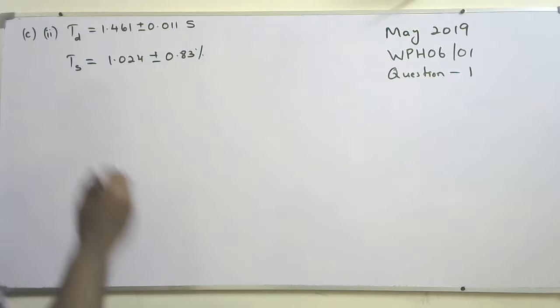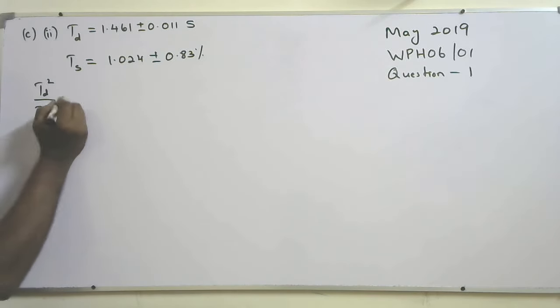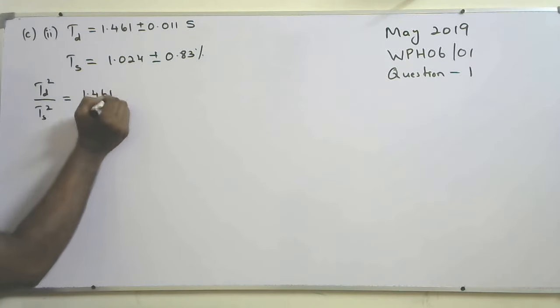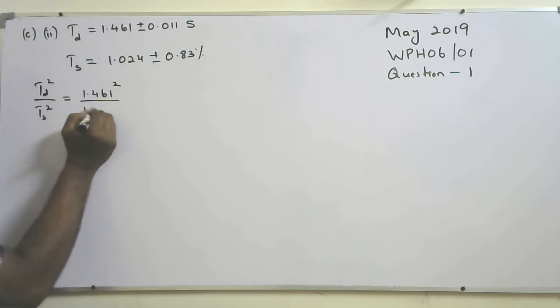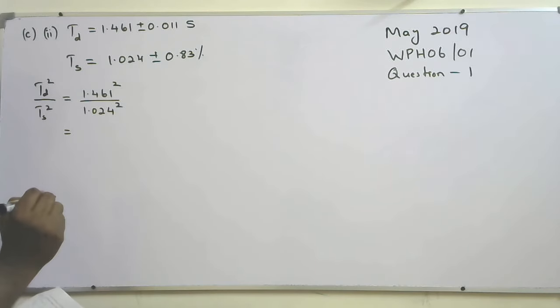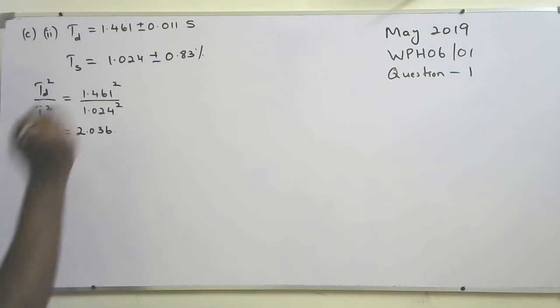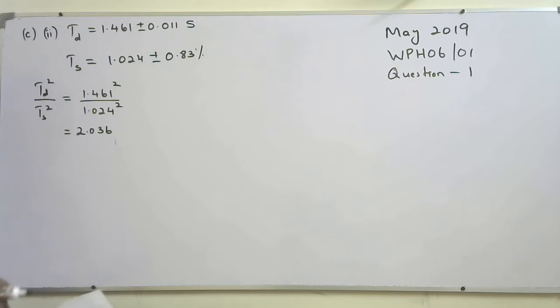Okay, we'll find here also Td squared over Ts squared will be equal to 1.461 squared over 1.024 squared. You will get 2.036. Okay, so I need to find the percentage uncertainty in this value.